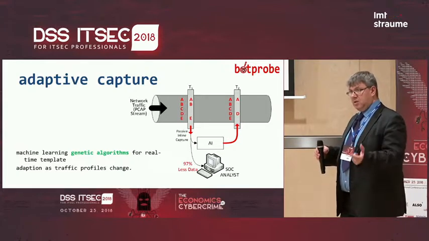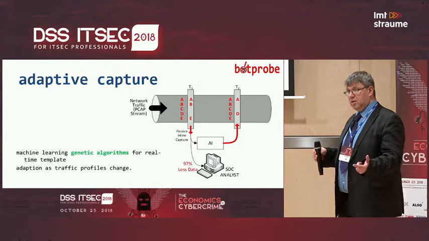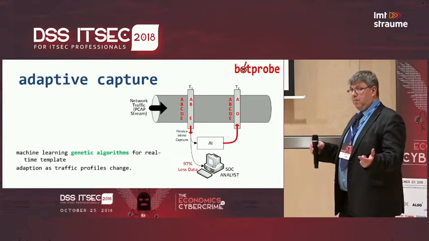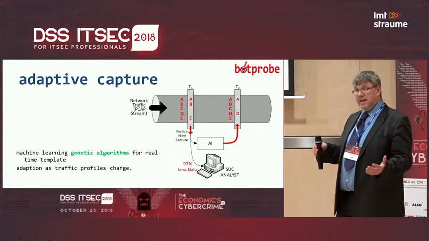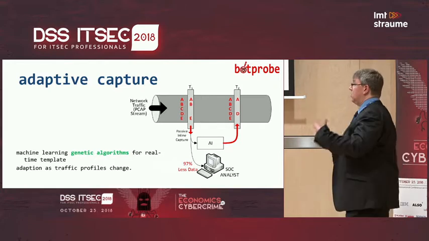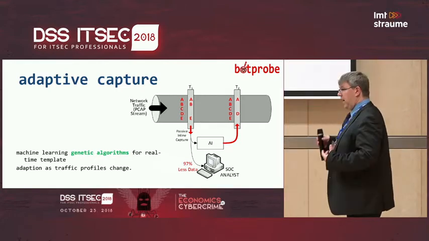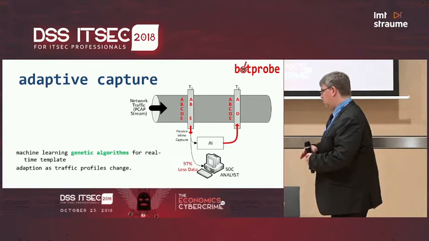And it can adapt to the situations depending on threats. If your other internal security systems, intrusion detection, intrusion prevention, identify something, that could be fed into a machine learning algorithm that could change the traffic collection profile.